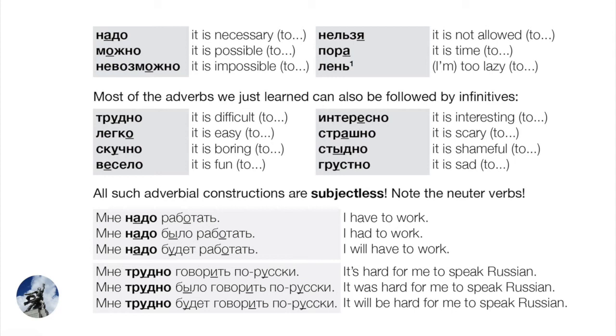Now again, since these are adverbial constructions, they're going to be subjectless in Russian. Just the way we saw a moment ago, there's no subject here. So if we want to introduce a person into the mix and say for whom it's possible or for whom it's easy or whatever to do something, we need to use the dative.